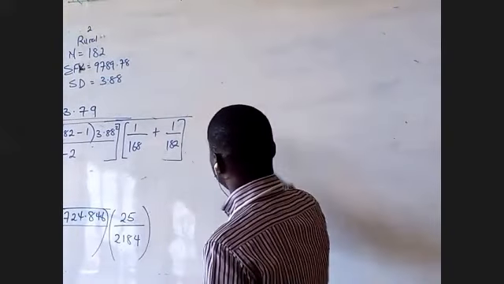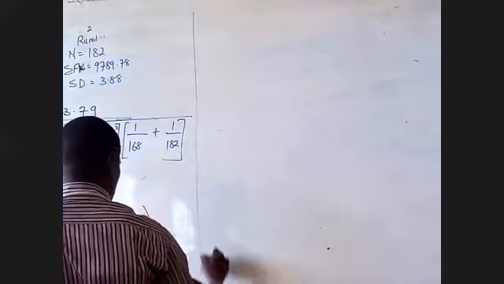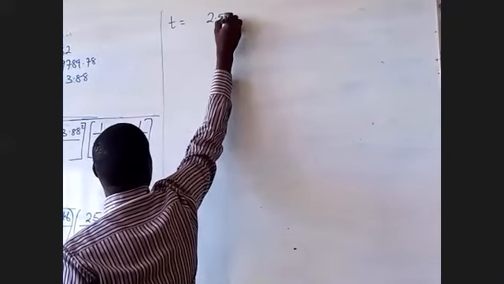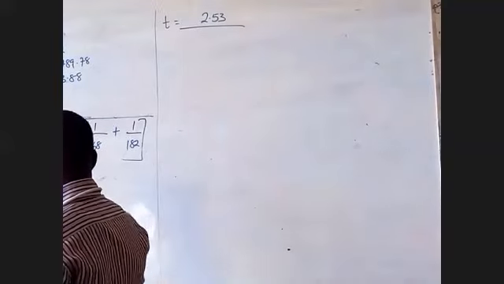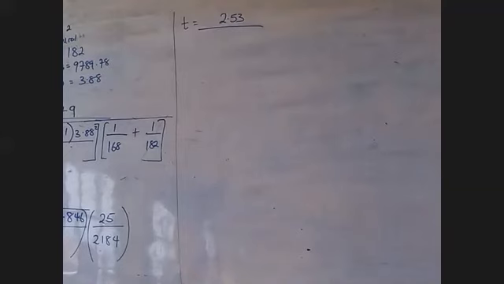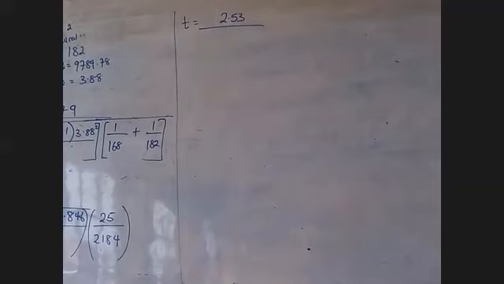So from here now, let's solve this one. I'm going to have T will be equals to 2.53 divided by, now let's add this. That's 2917.891 plus 2724.846.